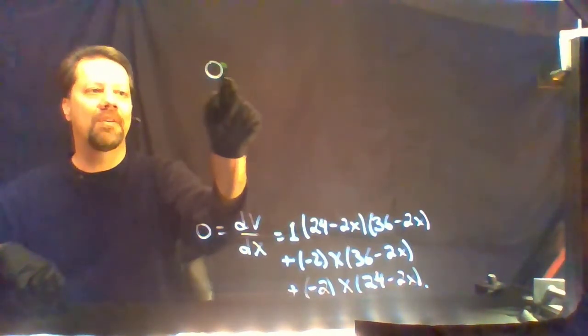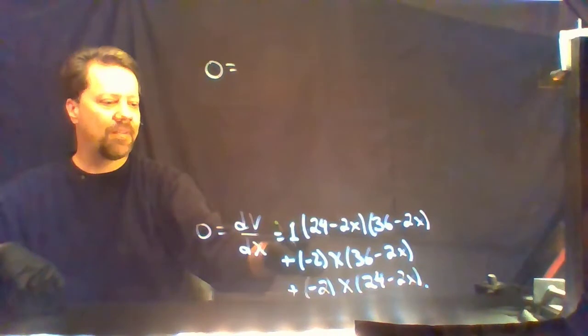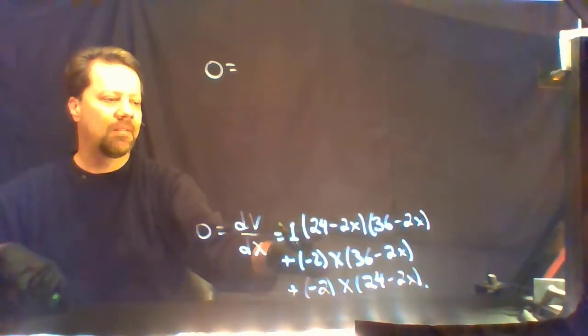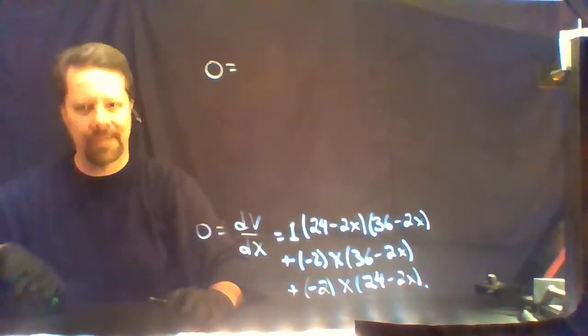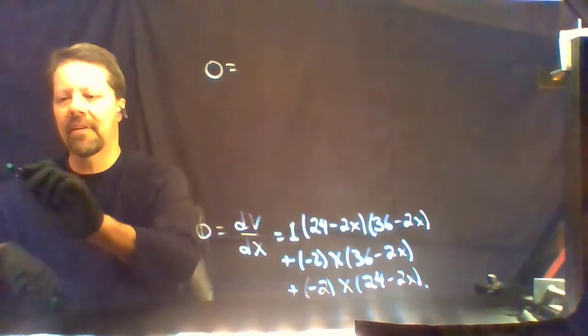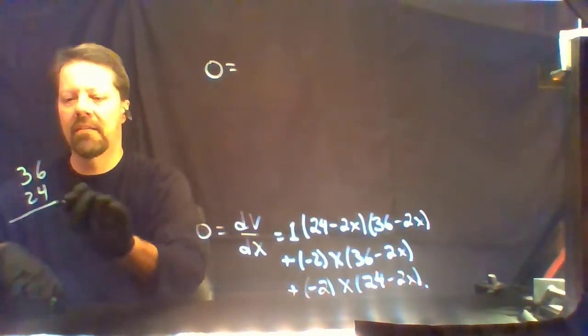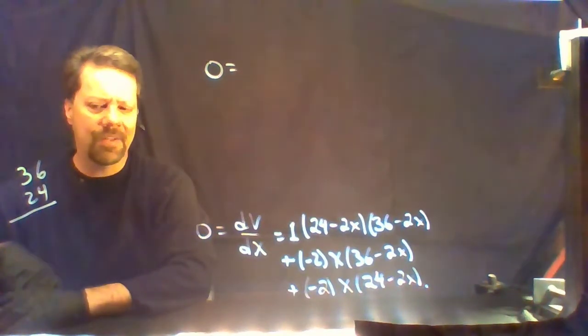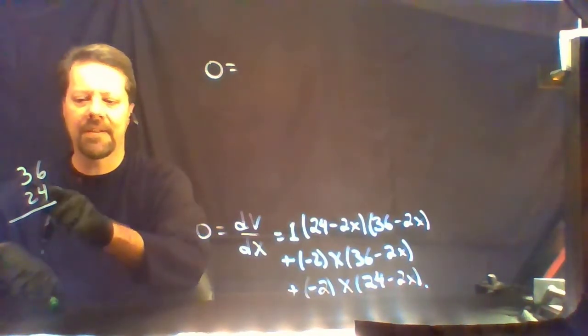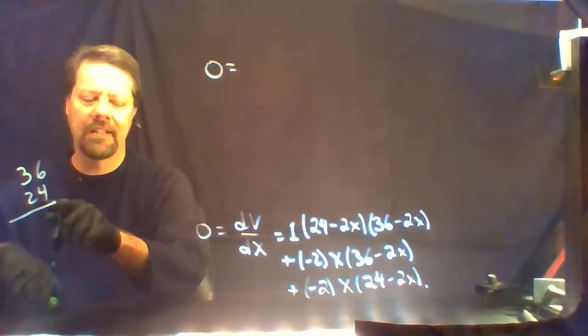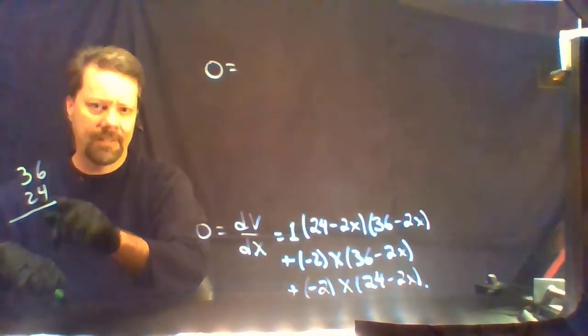We'll have 0 equals, on this first part, we're going to have 24 times 36. There is an easier way to do this. 36 is 3 times 12, and 24 is 2 times 12.